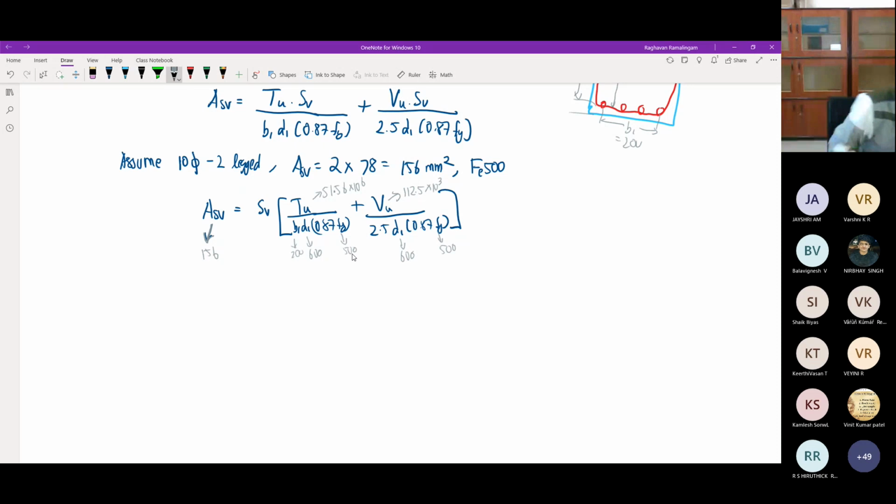Okay, so let's make it fast. 51.56 divided by 200 into 600 into 0.87, plus 100.583 divided by 2.5 into 600 into 0.87 into 500, 0.172, 156.